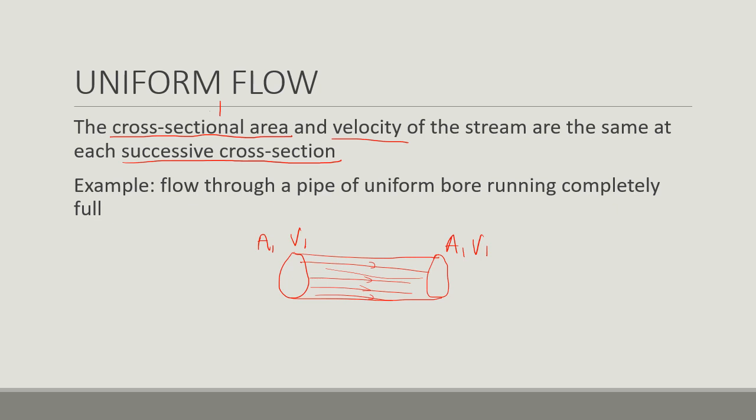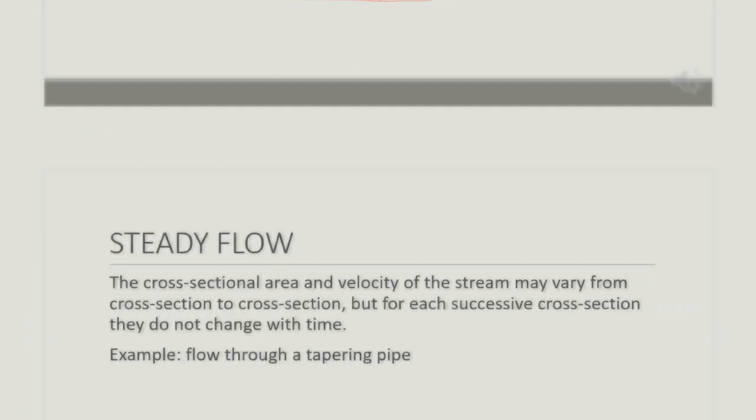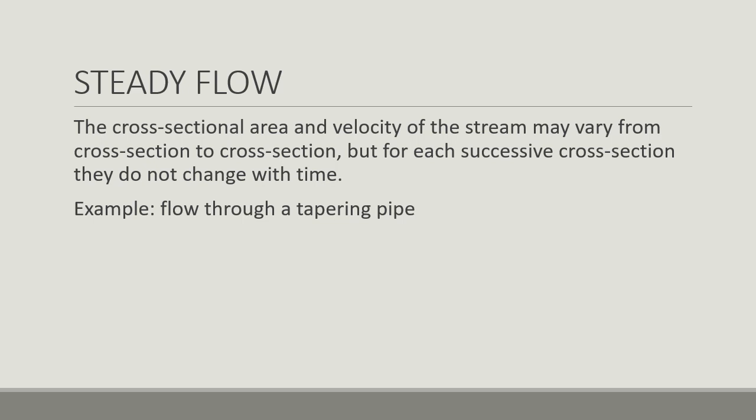The cross-sectional area and the velocity of the stream are the same at successive cross sections, so it will be the same at this cross section, and the same at this cross section. This is uniform flow.